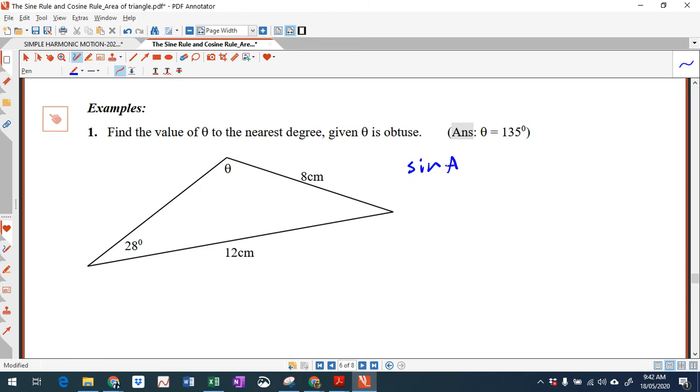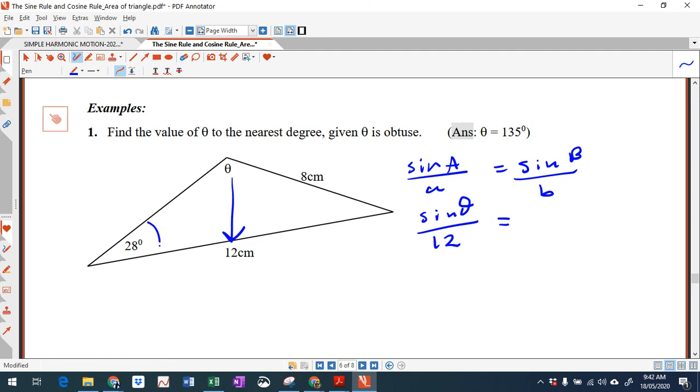So sine A over A, because we're finding an angle, this is the sine rule we write down, equals sine B over B. Now sine theta is our unknown angle. The side opposite that is 12. And the other angle is 28 degrees.